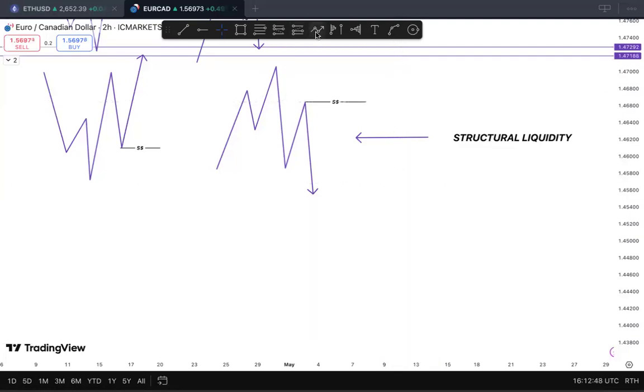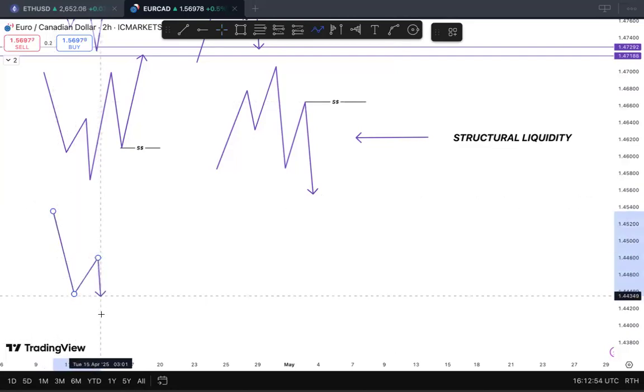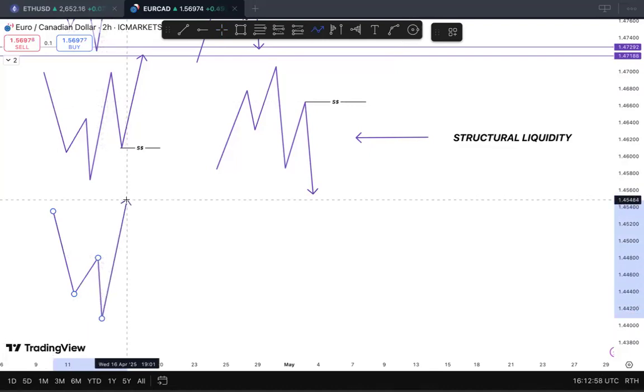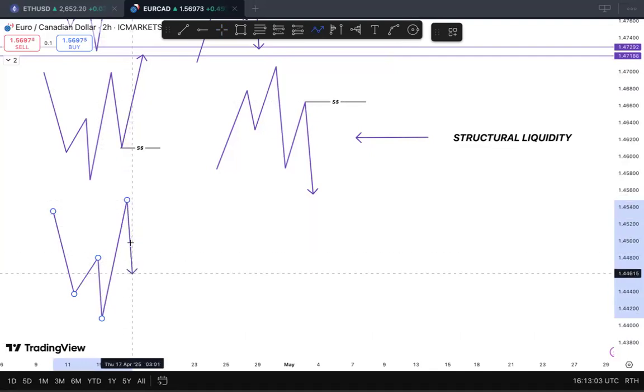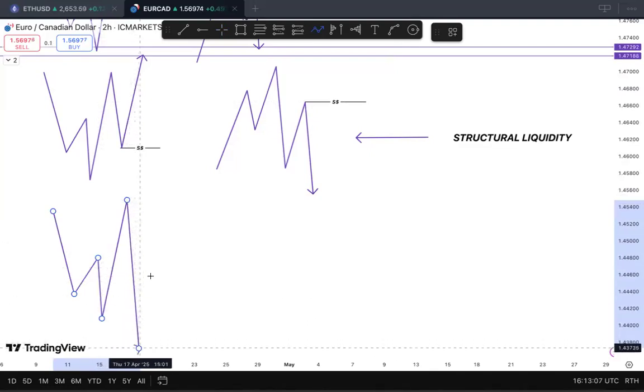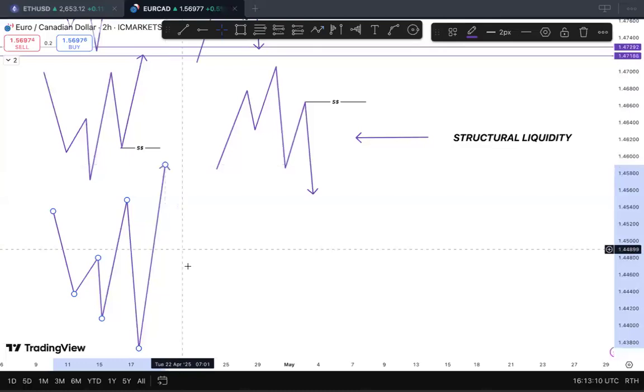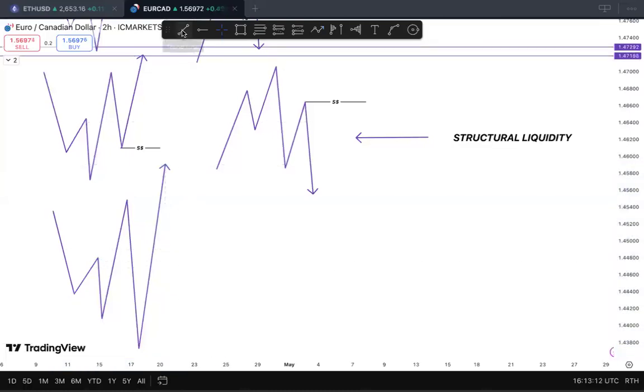So let me explain. We have this break of structure, sweep, and then the transactional liquidity. If there is no structural liquidity, price is going to use the sweep as the liquidity, boom, and then start going up. So this becomes your inducement liquidity.